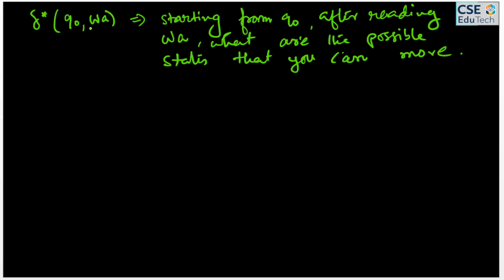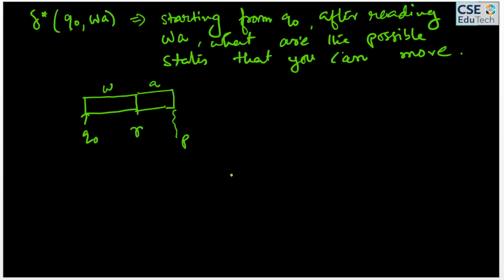Clear? So the meaning is simple. Here Q naught is any state, or we may consider it the initial state. So after reading WA, what are the possible states that you can move? And WA means, suppose you are in Q naught and after reading W, you obtain some states, that is R, and after reading A, what are the possible states that you can move?